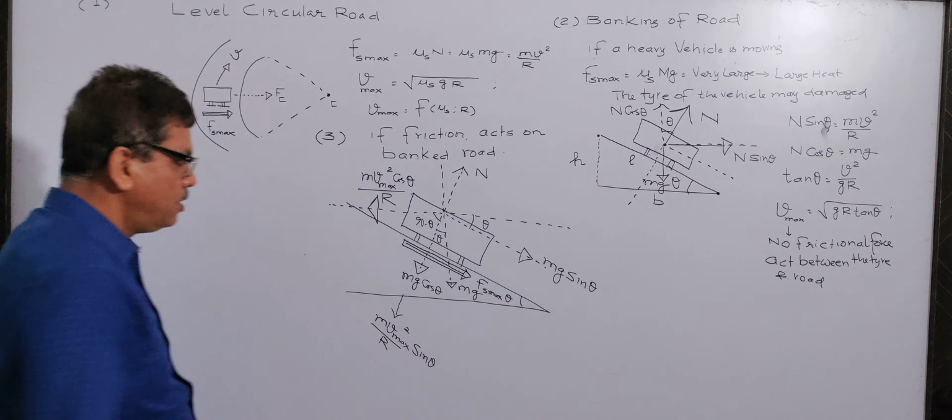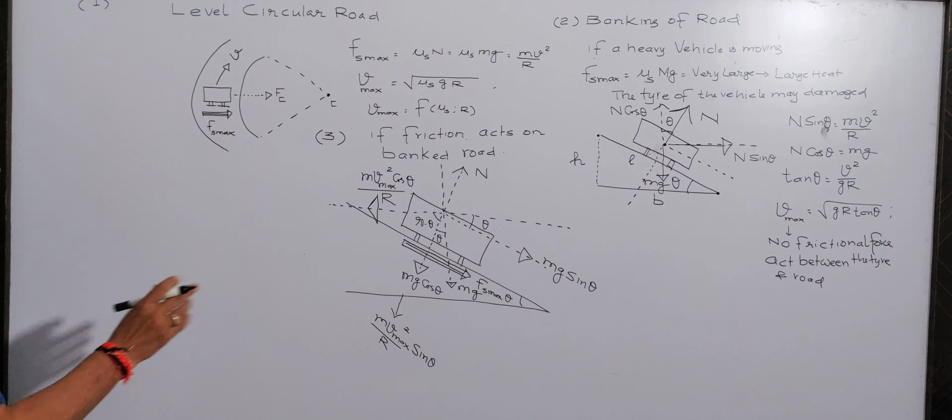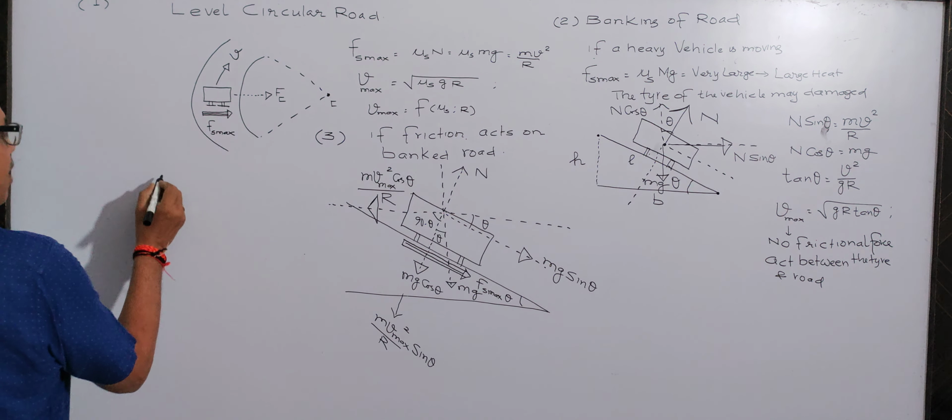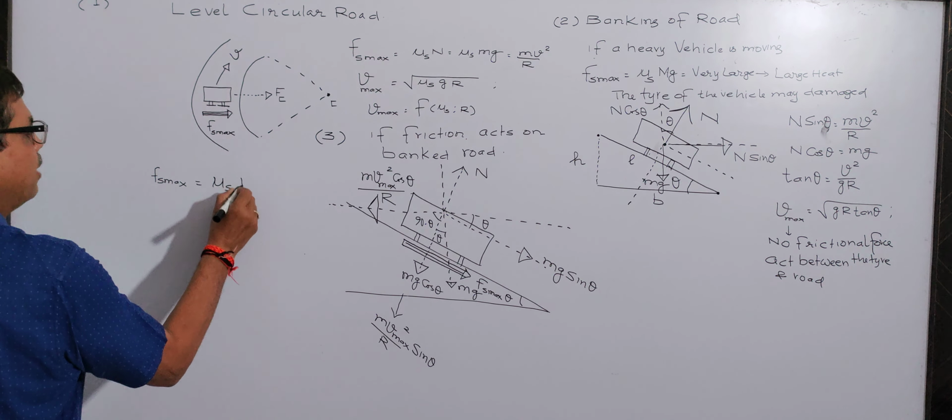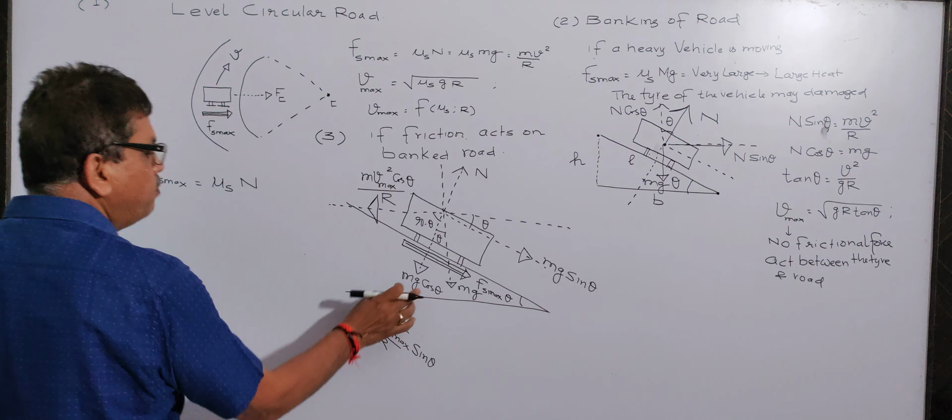Now we know the maximum value of frictional force, Fs max, is nothing but mu s times the normal reaction, and the normal reaction will be the sum of these two.